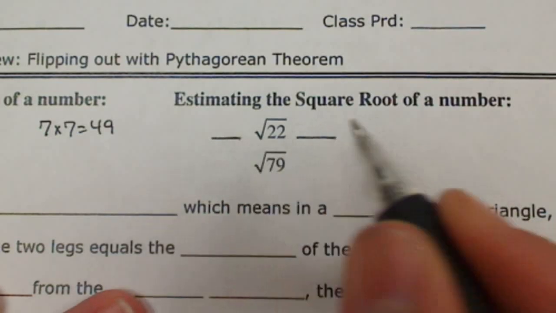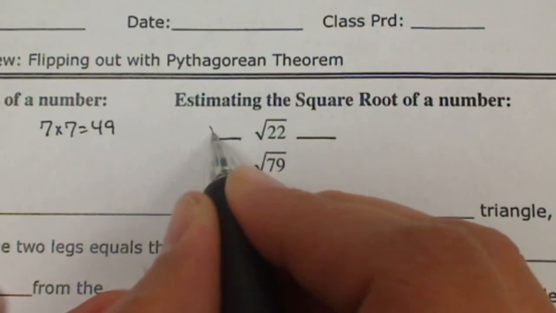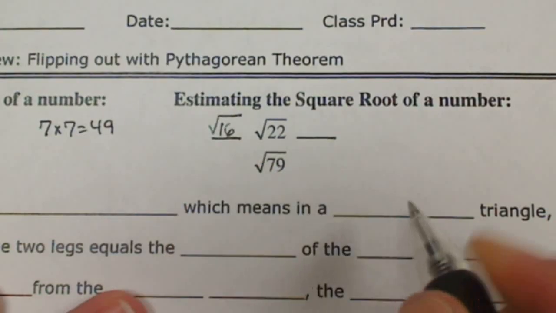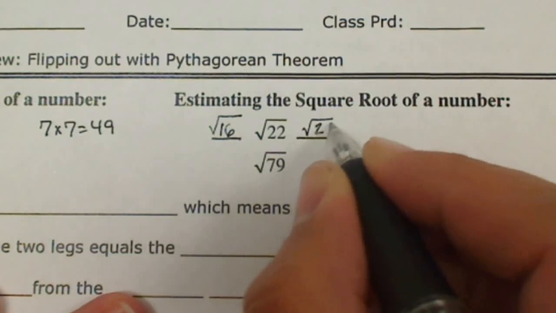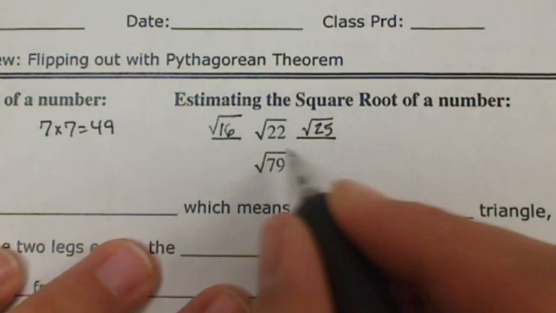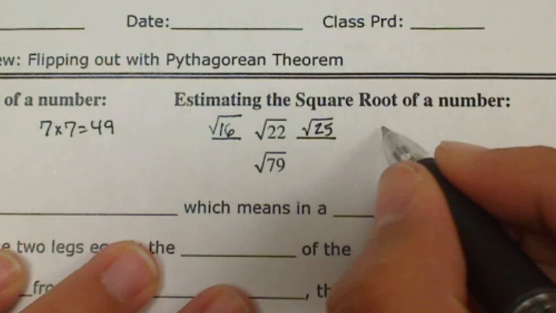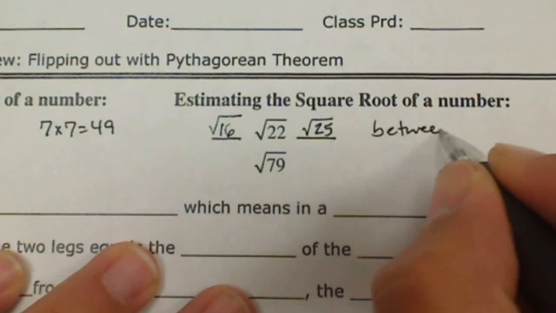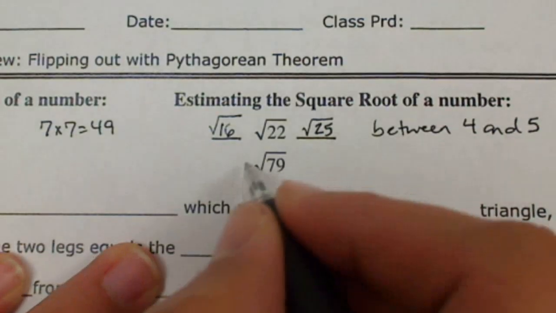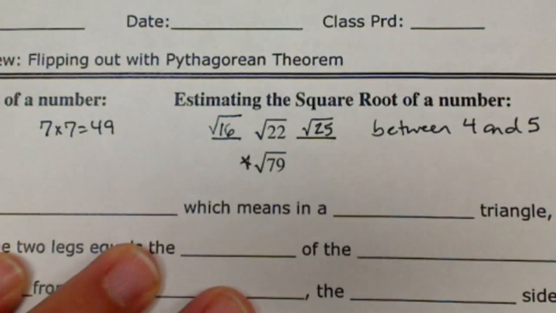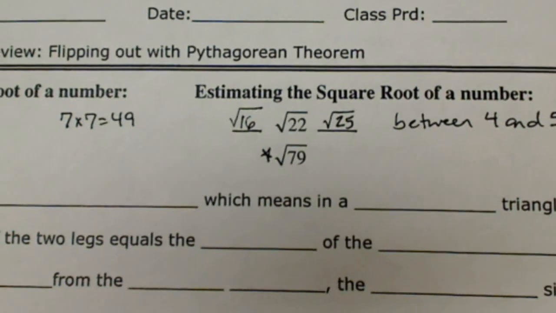So, memorizing my perfect squares, I know that the square root of 22 falls between the square root of 16 and the square root of 25. So I know that the square root of 22 is between 4 and 5. And go ahead and put a star next to the square root of 79. You can do that one on your own.